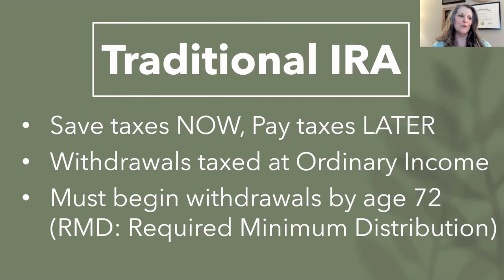You've been able to enjoy this tax-free growth, let's say from age 30 all the way up until 72. Well, now they want their cut of it. And your required minimum distribution is calculated by a life expectancy table. It can be a little confusing. Typically, lean on an advisor like myself to determine what that RMD will be.